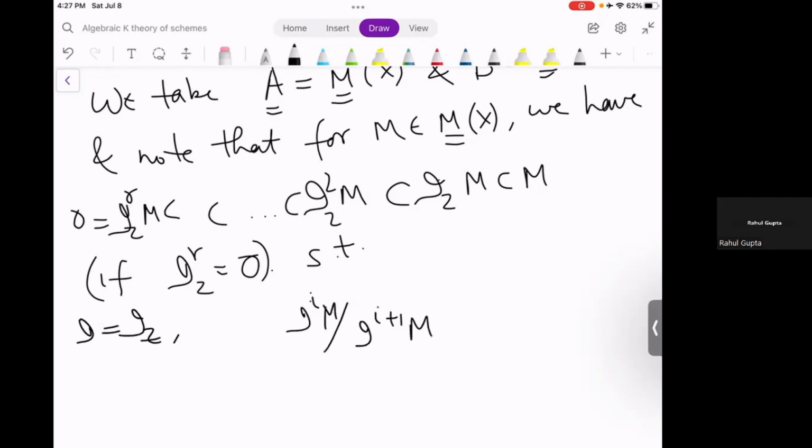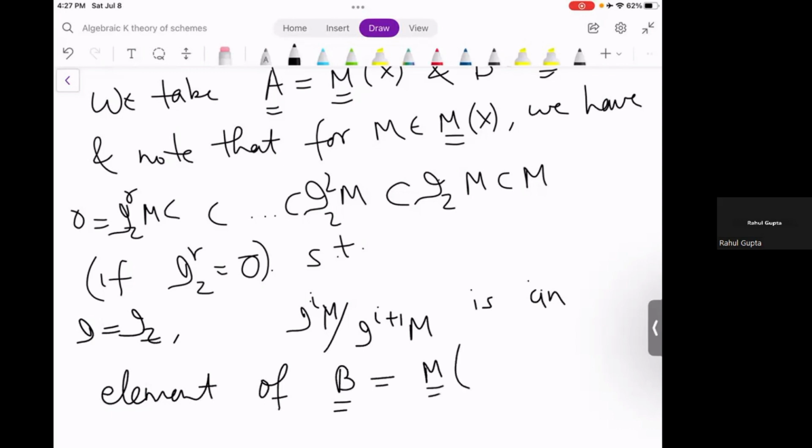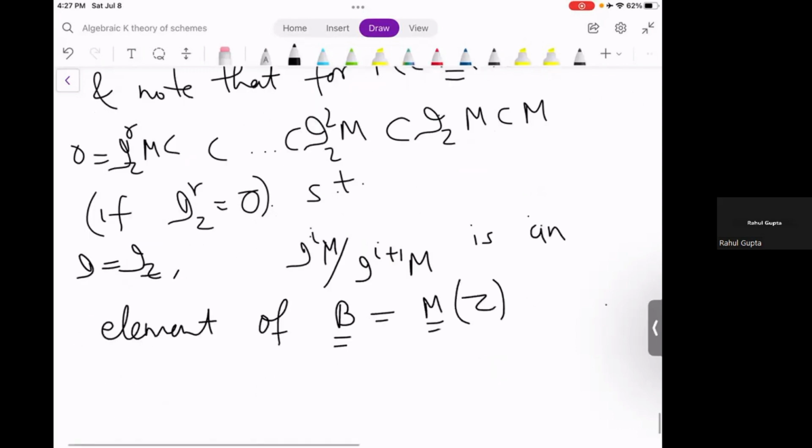This is an element of B, right? But this is just a module over basically Z. Is it okay?